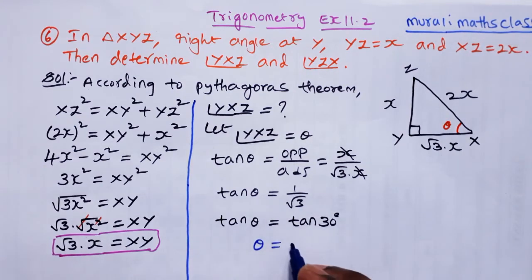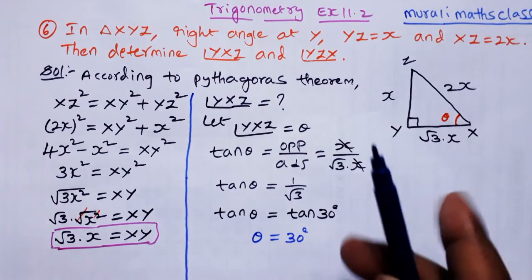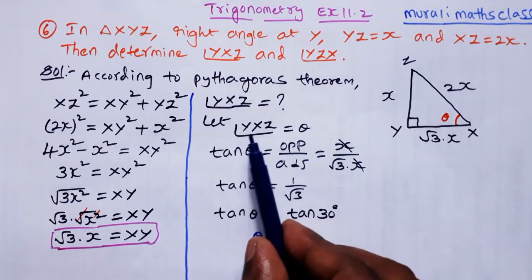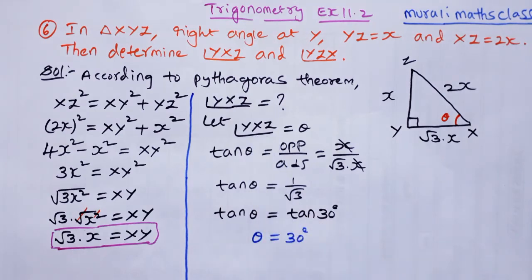Theta equals to 30 degrees. Theta means what? Observe here, theta, Y, X, Z. So therefore angle Y, X, Z equals to 30 degrees. We got the answer. Yes? Okay. So one angle we got.